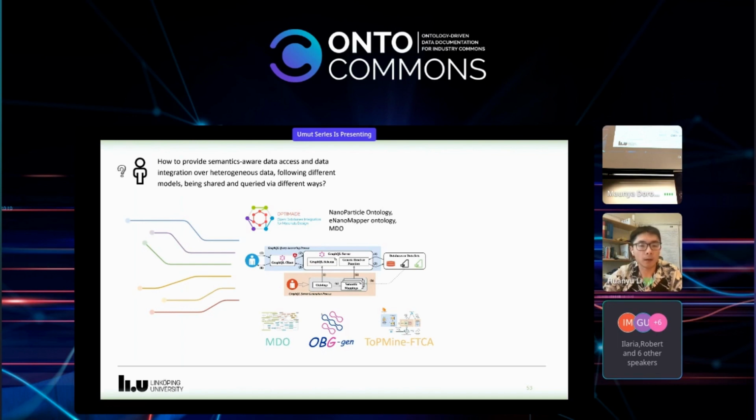And we applied our approach to extend three ontologies, which are nanoparticle ontology, e-nanomapper ontology, and our materials design ontology. You're a little bit over time, so please wrap up. Yeah, in conclusion, our approach can alleviate the heterogeneity among underlying data sources and provide semantics over data access and data integration. Thanks.